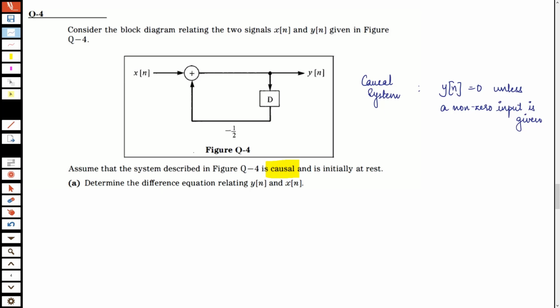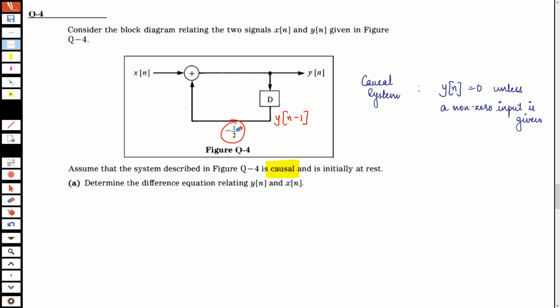So we basically need to just find the relationship between y[n] and x[n]. As this question says, this D stands for a delay. That means if this is y[n], then y[n] delayed by 1 unit should be the output here. So this would be y[n-1]. If this is y[n], output would be y[n-1].